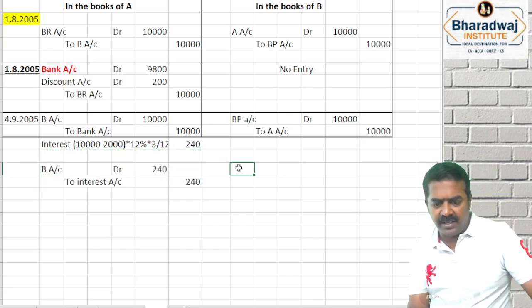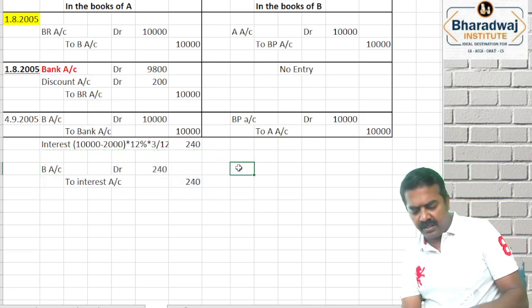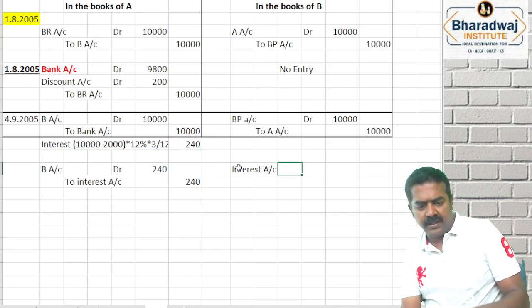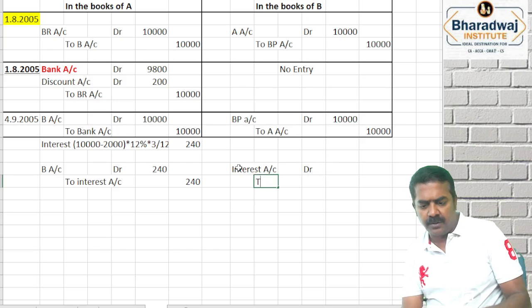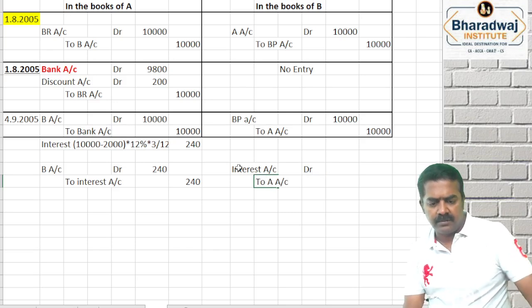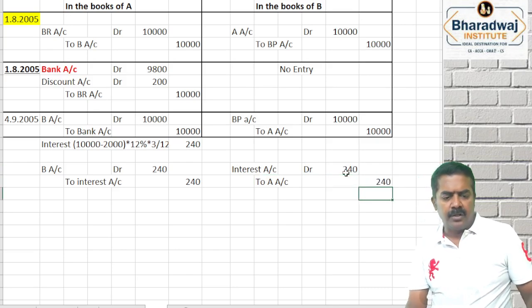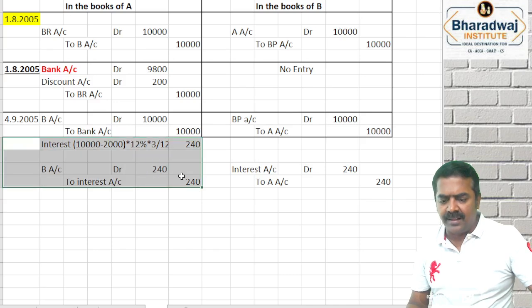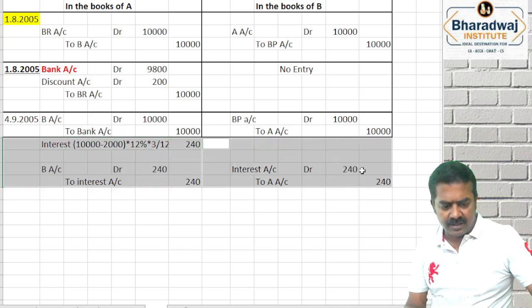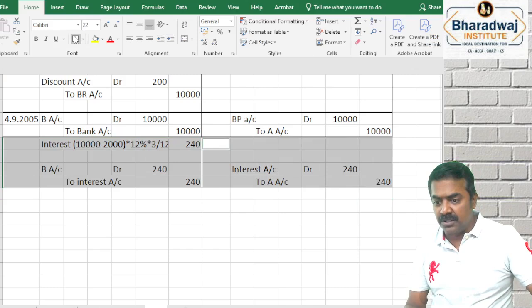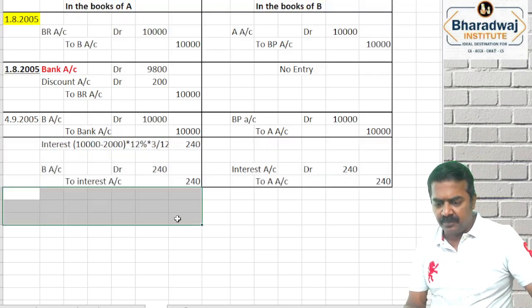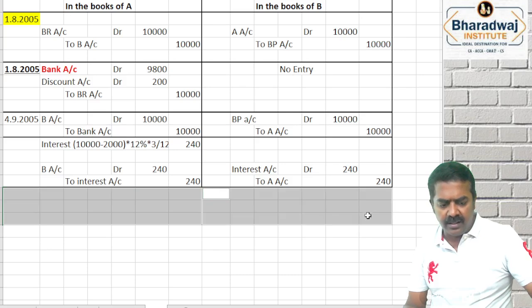Then the other party will get the interest or has to pay the interest. Interest account debit to which account? A account. Are you going to include the interest in the new bill or collect the interest? Collect the interest. The interest is collected together with the 2,000. We are going to collect the interest and which amount?